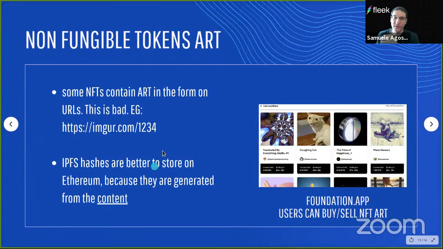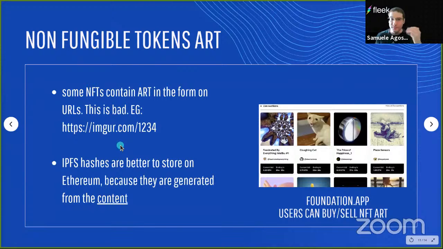For example, if someone was very lazy and shared their image on Imgur, that's bad because Imgur can remove the asset, or there's no guarantee that the asset has not changed. Meaning that the URL refers to a location, it does not necessarily refer to an actual file. The link could also be broken, and then that non-fungible token that was worth $100,000 is now useless.